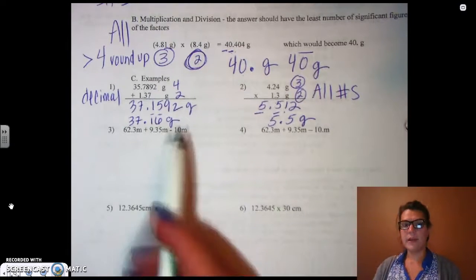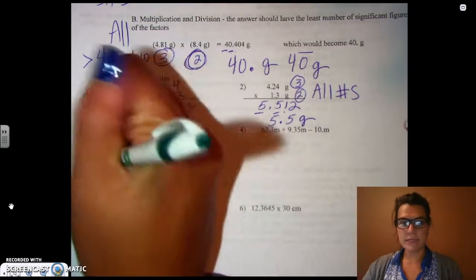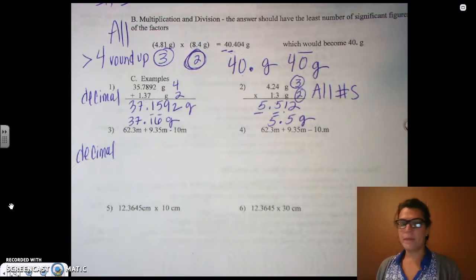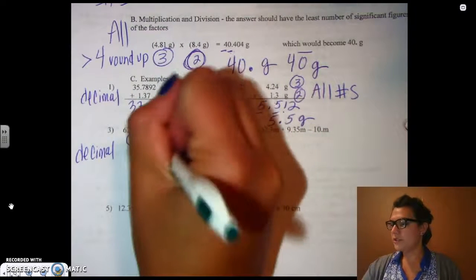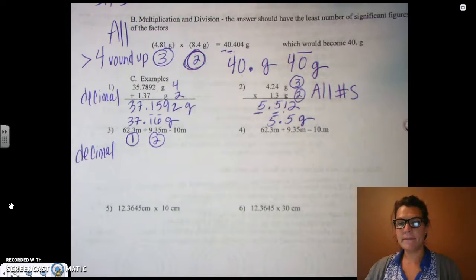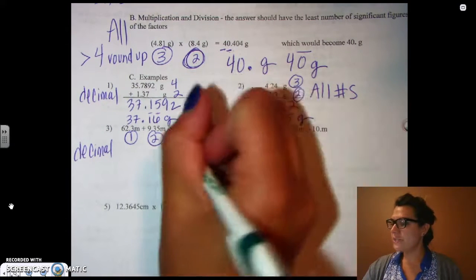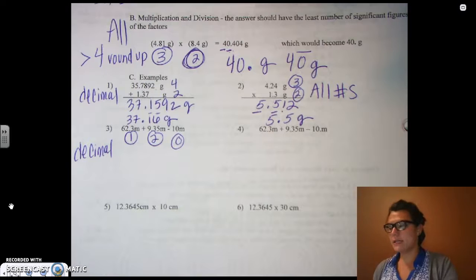All right, number 3. I'm going to add and then subtract. So I'm doing decimal here. Okay? So I have 1 sig fig past the decimal here, 2 sig figs past the decimal here. Uh-oh. Do I have a decimal past this 10? No. So this answer is going to have 0 numbers past the decimal.